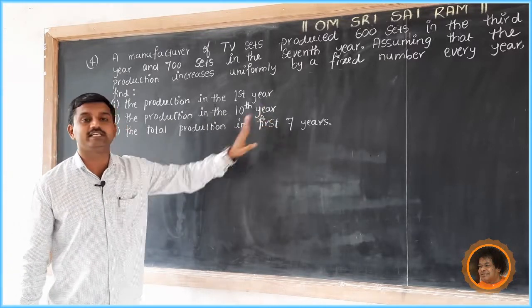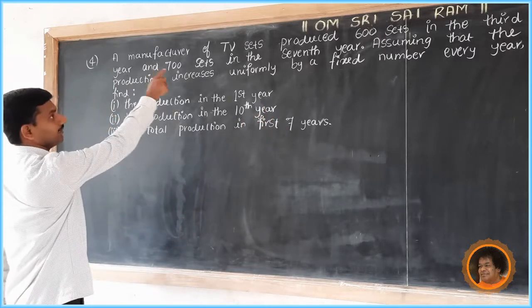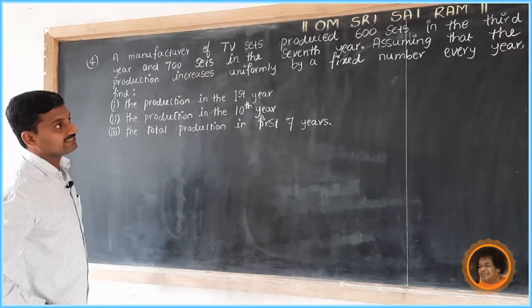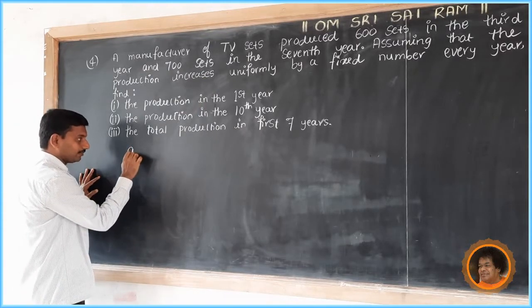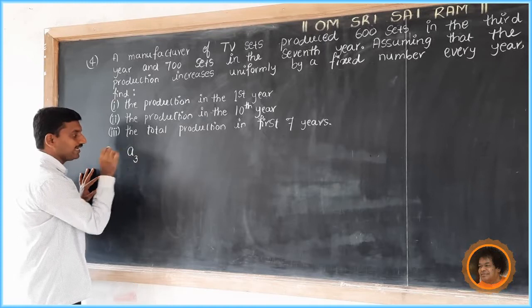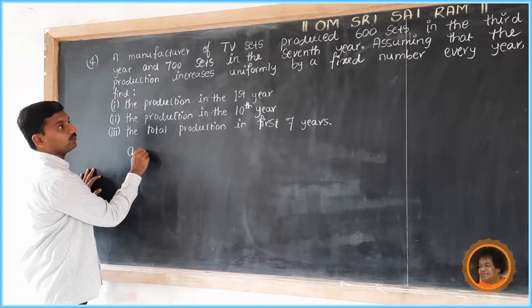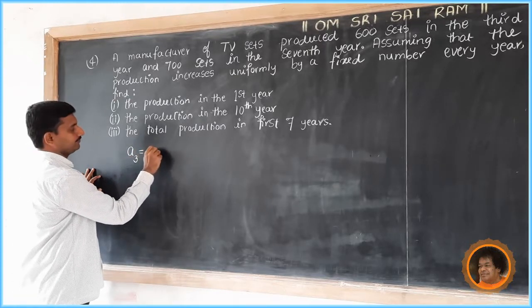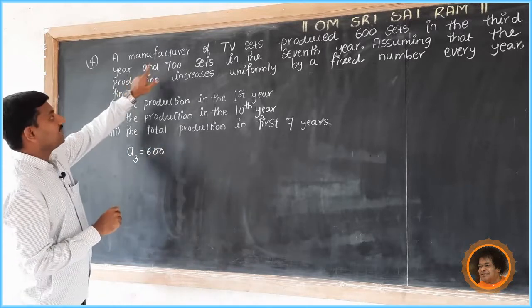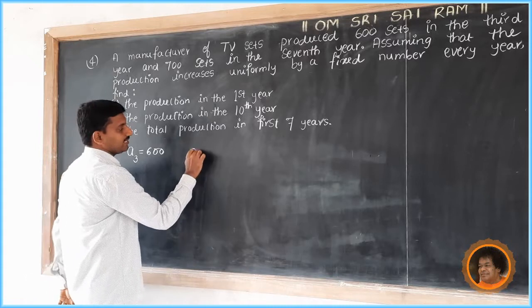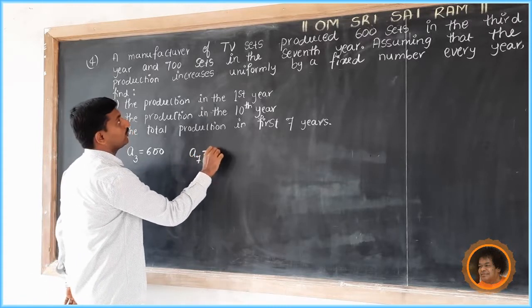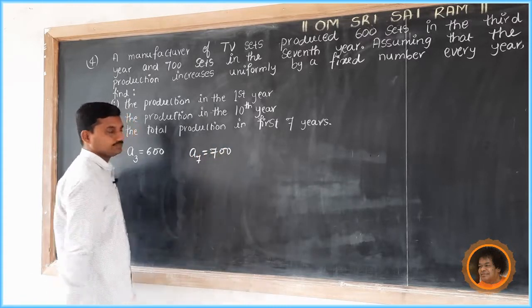Here, 600 sets in the third year. Third year means the third term, denoted as a3. a3 equal to 600. And 700 sets in the 7th year, so a7 equal to 700.